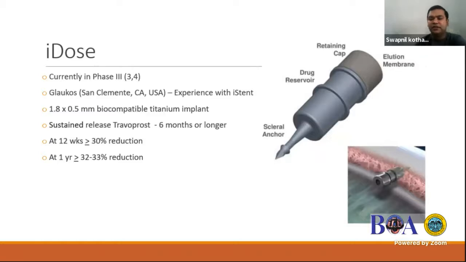The second implant that is in the pipeline, currently in phase 3, is iDose. This is made by Glaukos, which is the same company which provides the iStent. So they have a vast experience in making these implants. This is a 1.8 by 0.5 millimeter biocompatible titanium implant, and it is sustained release travoprost for 6 months or longer. At the end of its efficacy, you can take it out and replace it with another one.